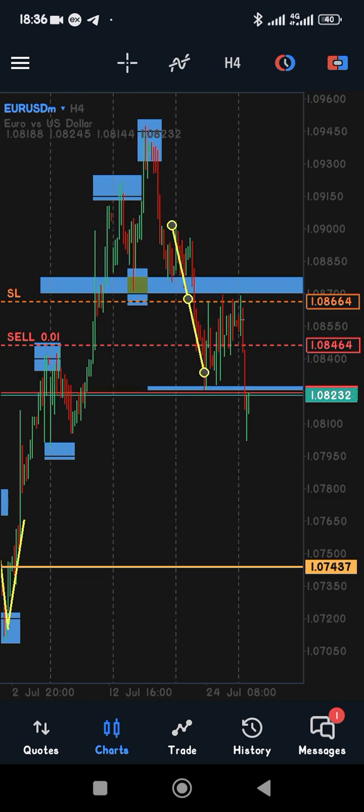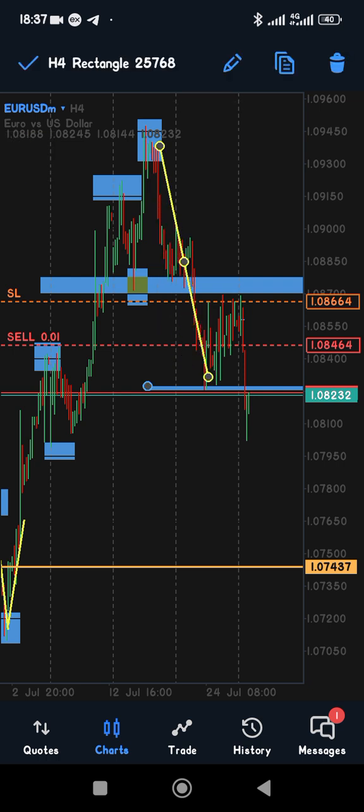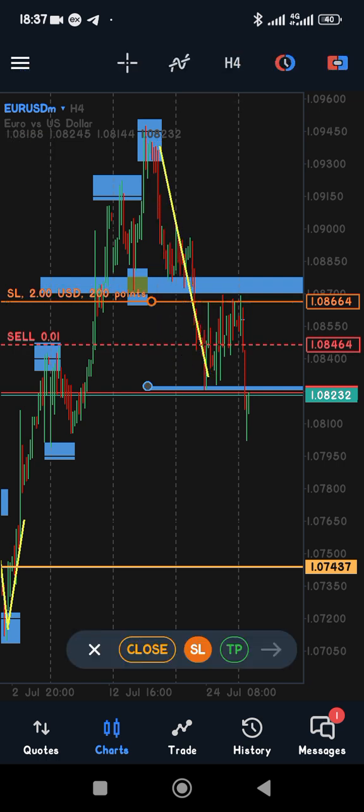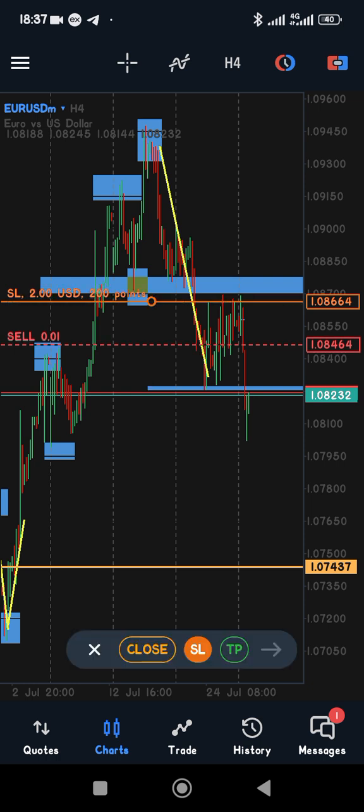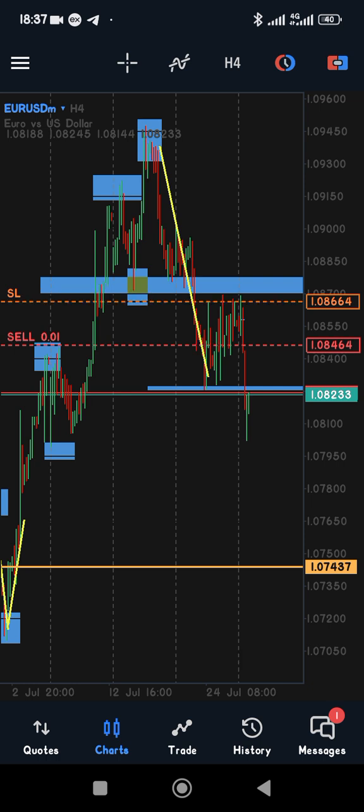So when I saw this, I waited for a retest that I told you about earlier. This is a retest. I'm going to draw it for you now. This is a retest.